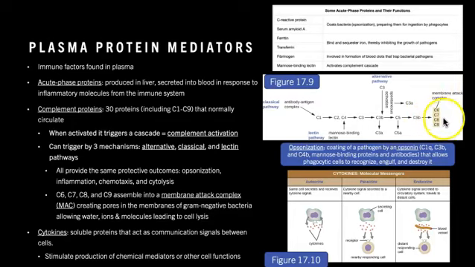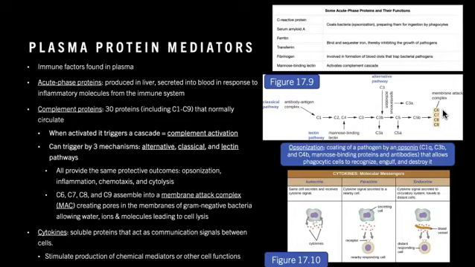And you could see that there's this membrane attack complex. This is also known as MAC, M-A-C, and this is effective only against the gram-negative bacteria because it can't penetrate that thick layer of the peptidoglycan in our gram-positive bacteria.